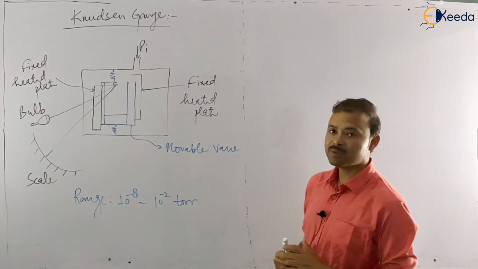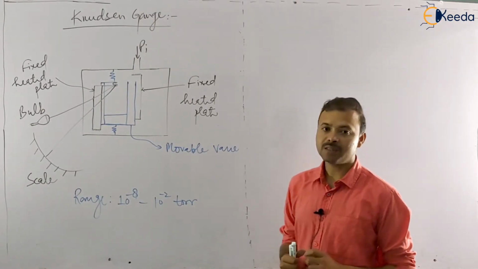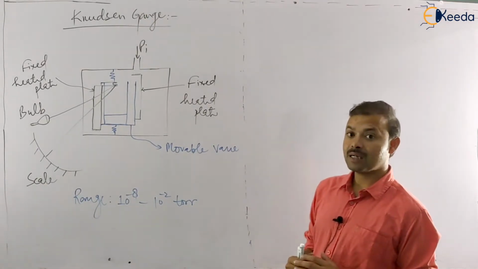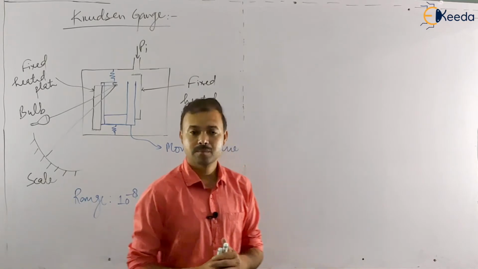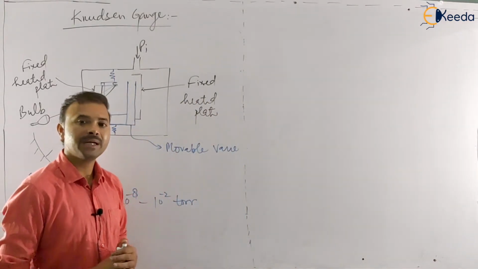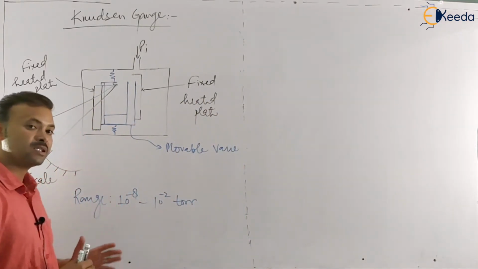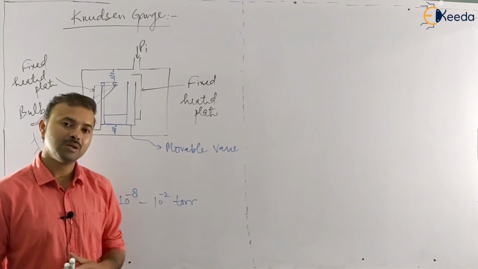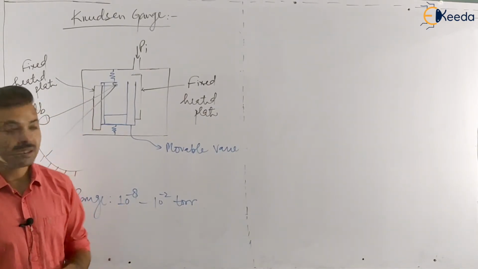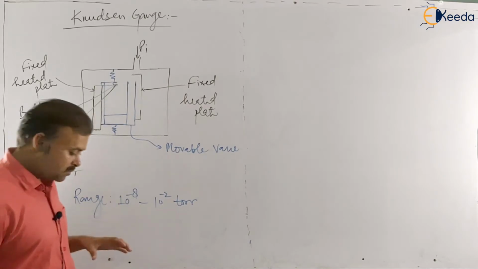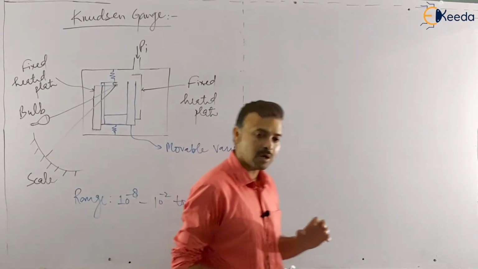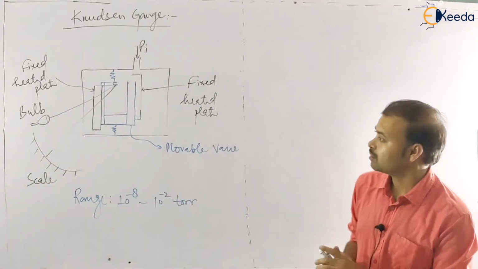The gauge we studied earlier was the ionization gauge, which was sensitive to the composition of the gas. This is not dependent on the gas composition.